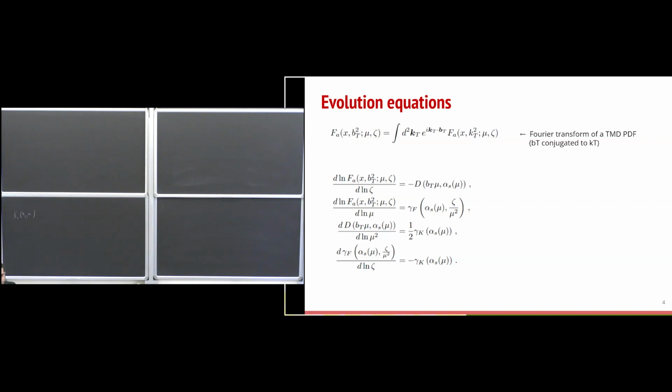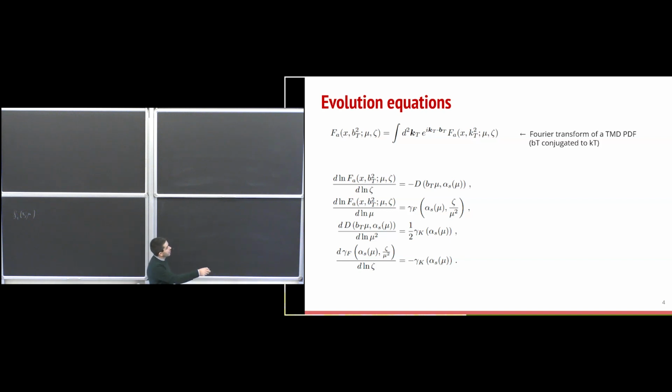Exactly, so there are 2 kinds of divergences that you can renormalize in these kinds of distributions, whereas here you have 1. So 2 different types of divergences, 2 different renormalization scales, basically. It's a little bit more complex. So instead of a simple evolution equation, you have more evolution equations.